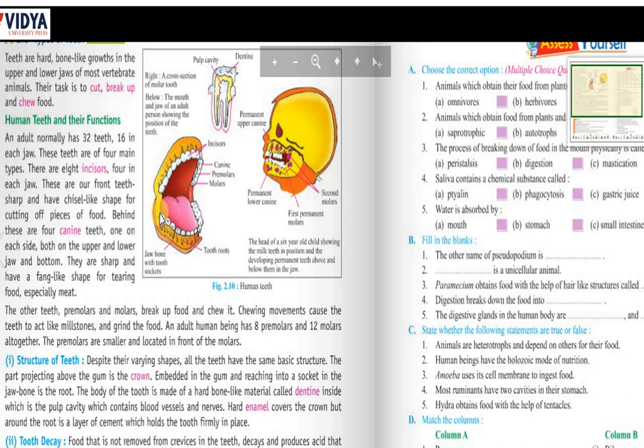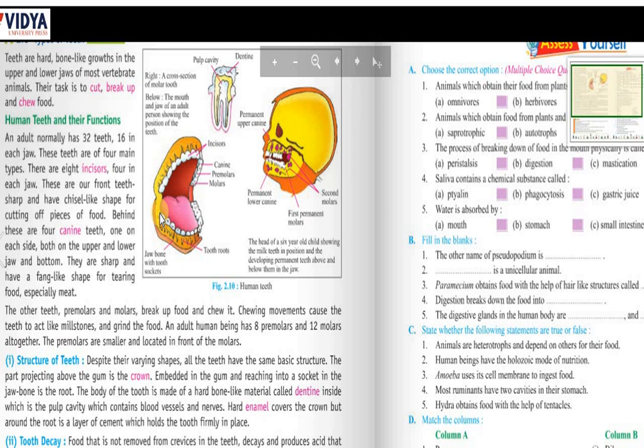So in total there are 8 incisors. And what are incisors? They are the front teeth which have a sharp shape for cutting the food.